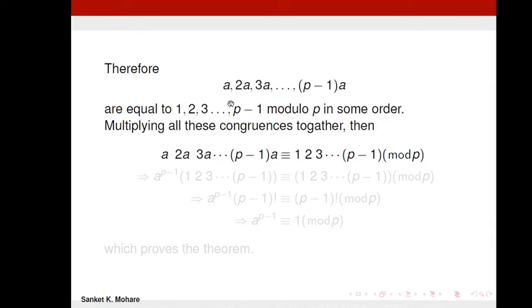So if we take the product of these integers, it is congruent to this one: a times 2a times 3a and so on is congruent to 1 times 2 times 3 and so on up to p minus 1 modulo p.